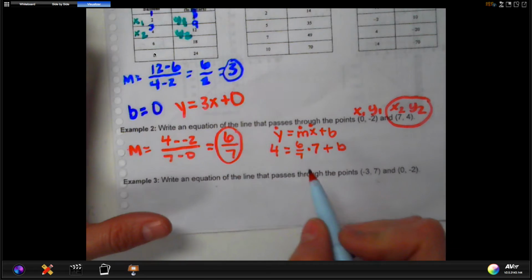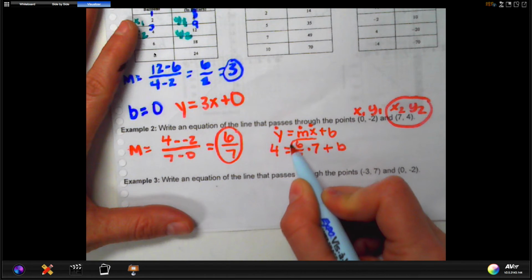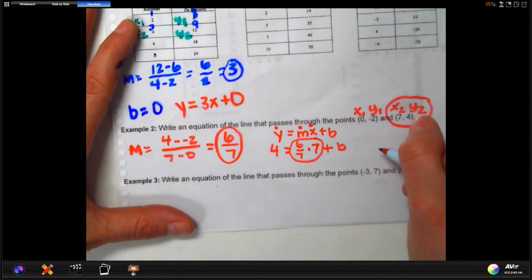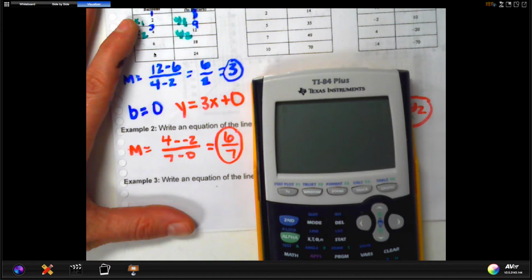So 6 over 7 times 7 is going to be, and I'm going to write it over here. If you multiply that together, I'll show you on a calculator so you can see this. If you do this correctly, 6 divided by 7 times 7, it tells you it's 6.